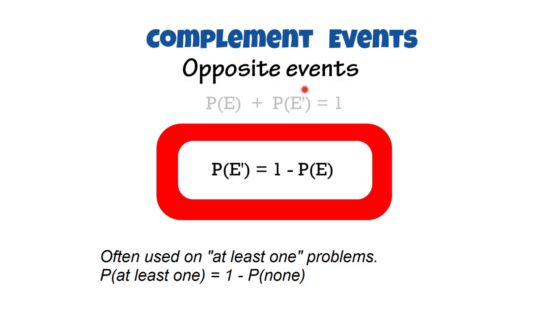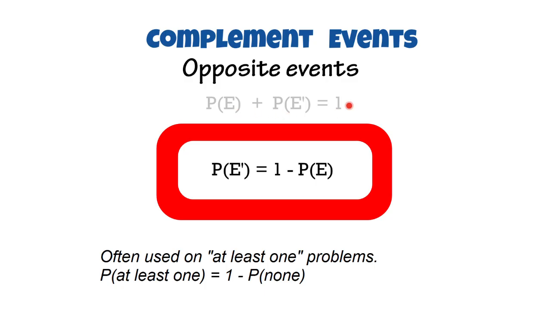Do you see that little apostrophe, little hash mark, prime there? That means not happening. The probability of something not happening. So the probability that it does happen plus the probability it doesn't happen will always equal 1, because remember, 1 is something guaranteed. And something is either going to happen or not happen, one or the other. But these two should add up to equal 1.